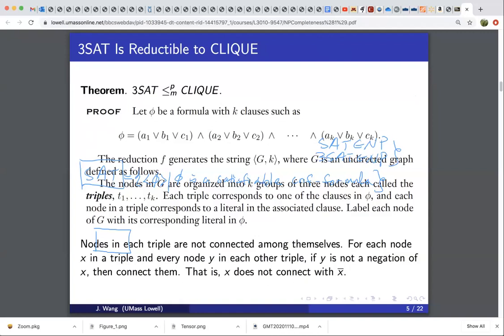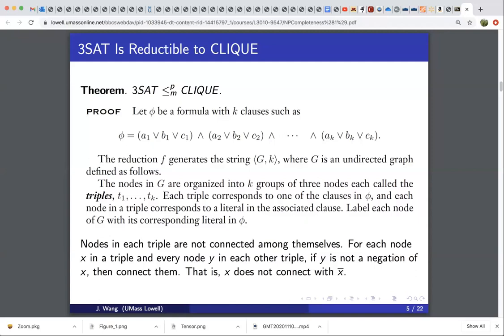So now we are going to apply this reduction to SAT, 3 SAT, and clique. Before proving SAT and 3 SAT NP complete, we're going to show how to reduce 3 SAT to clique.